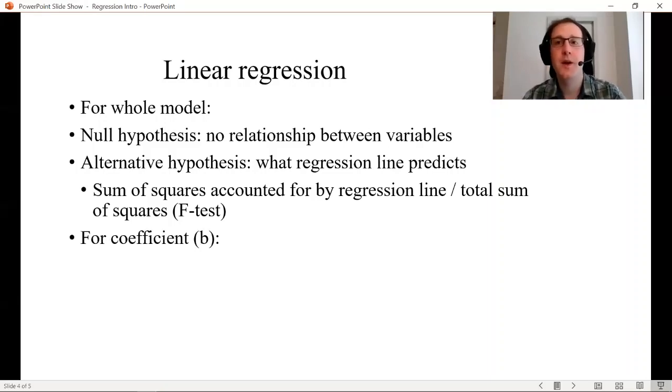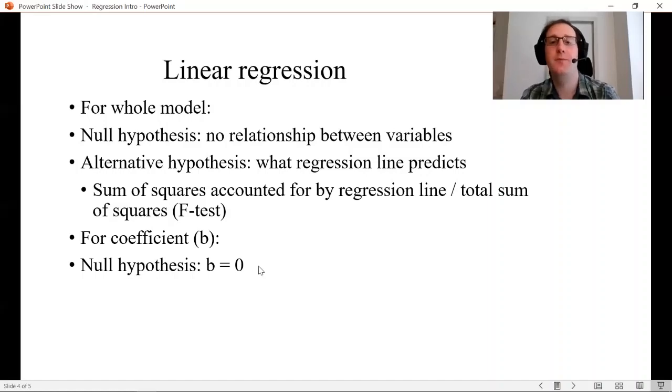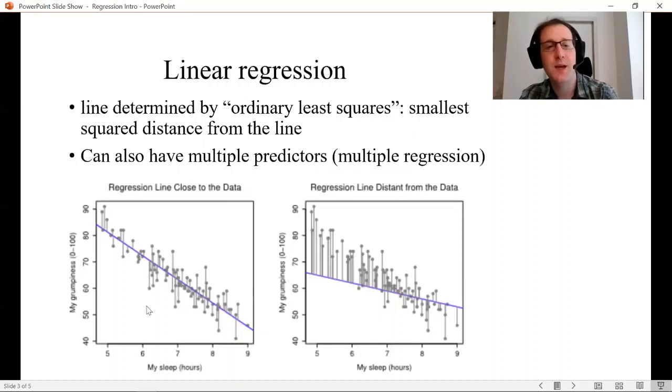So you also get it for the coefficient. So if you have one predictor, there will just be one coefficient, which is referred to as the B. And so in the regression output, you'll get values for B. So for this, the null hypothesis is that B equals 0. So if we jump back here, it would essentially be that the slope is completely flat. And if there was no relation between the independent and dependent variables, you would just get a completely flat line, right?